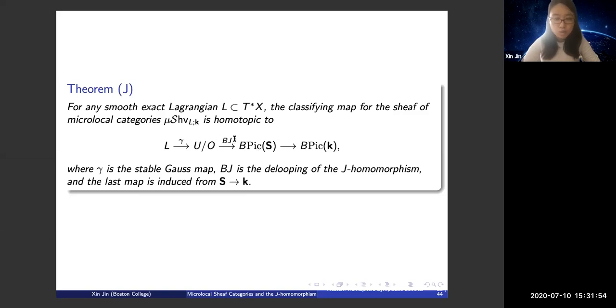We'll see a quick recap of this J. And the last one is the tautological one, because the sphere spectrum is the initial object among all ring spectra.